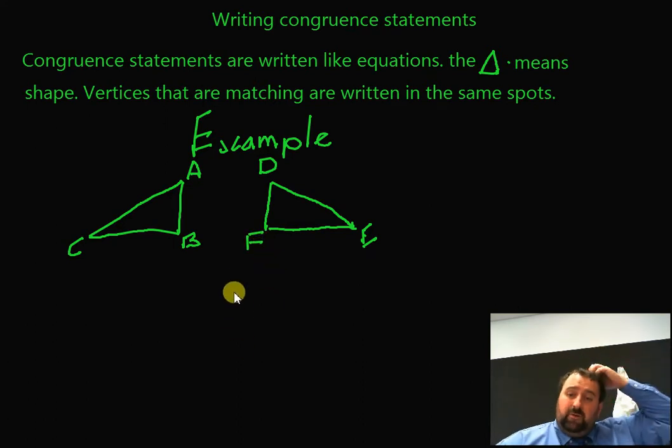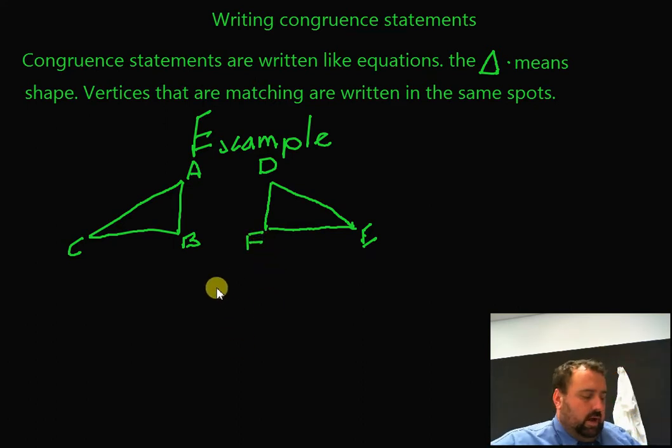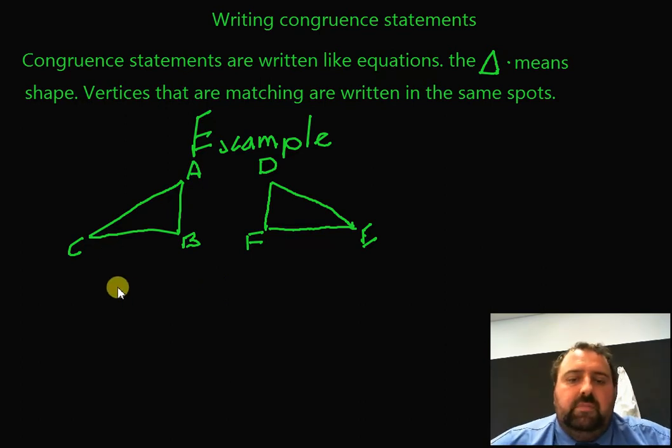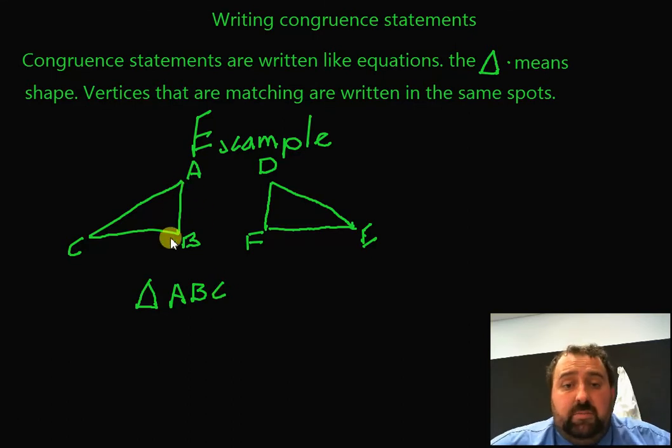Okay? So if I wanted to say these two shapes are the same, what I'm going to do is say the shape A, B, C, so that means the shape going from A to B to C and then back again. And now I'm going to write is congruent to, it's an equal sign with three lines, okay?